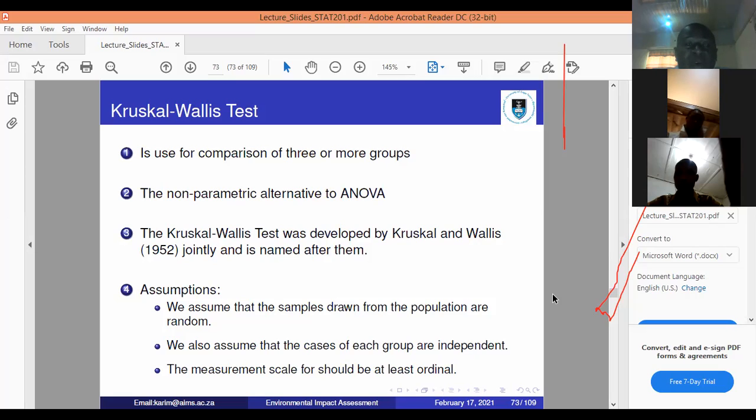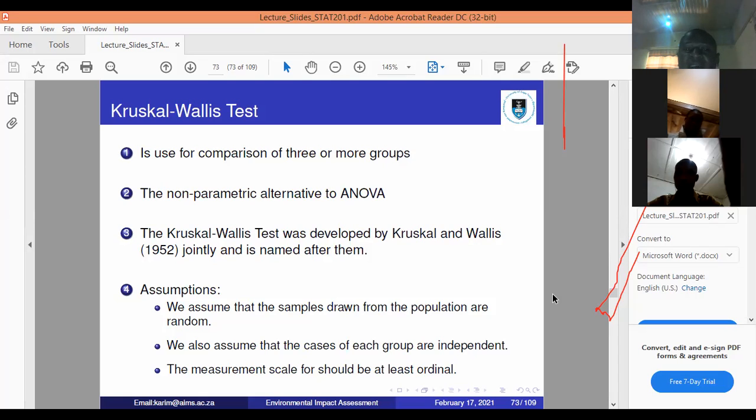Okay, so now let's look at the Kruskal-Wallis test. Please stop the noise and let's continue. With the Kruskal test, we use it to compare 3 or more groups.